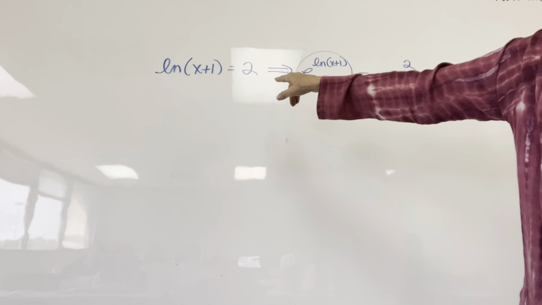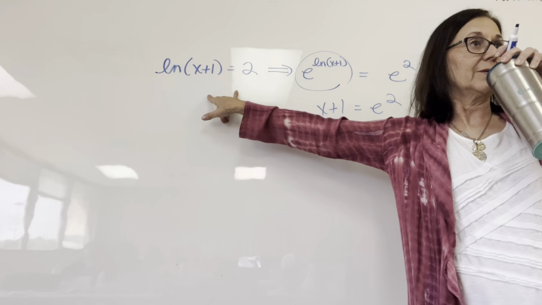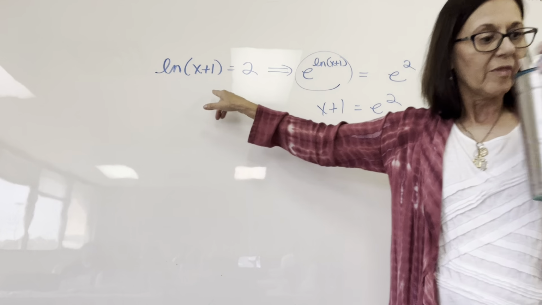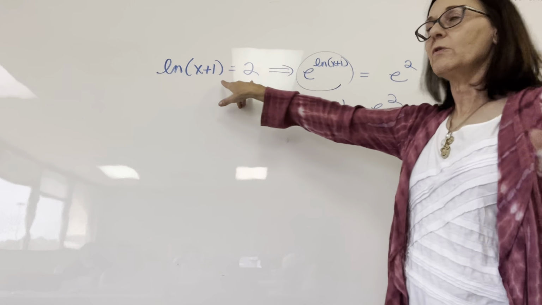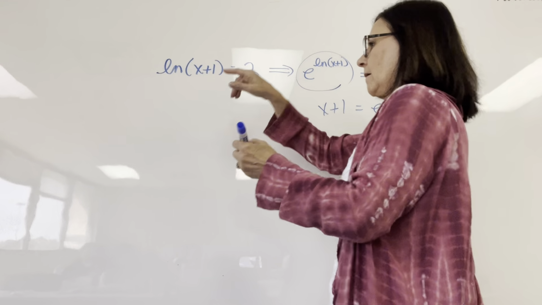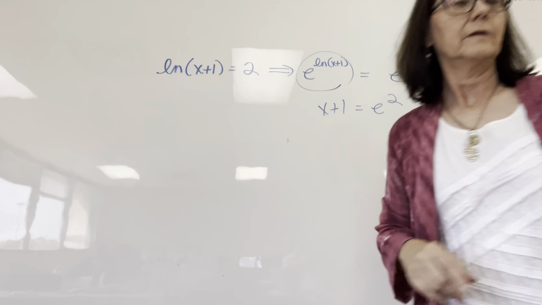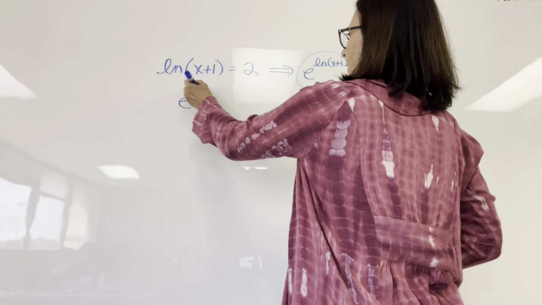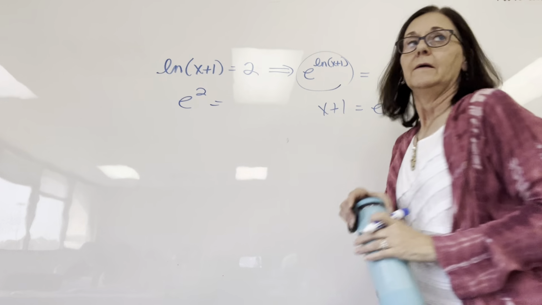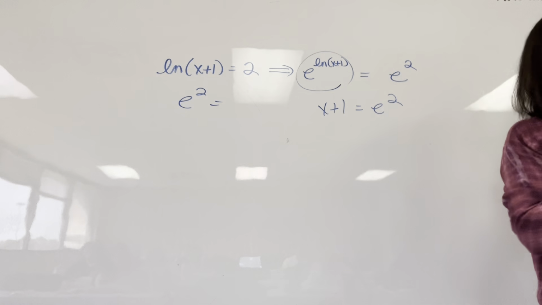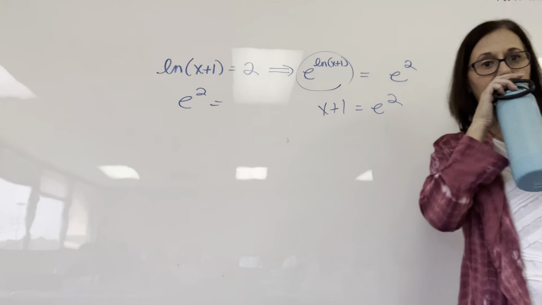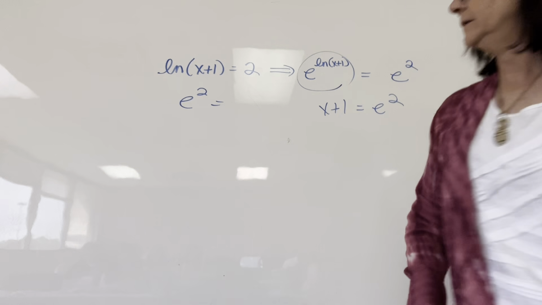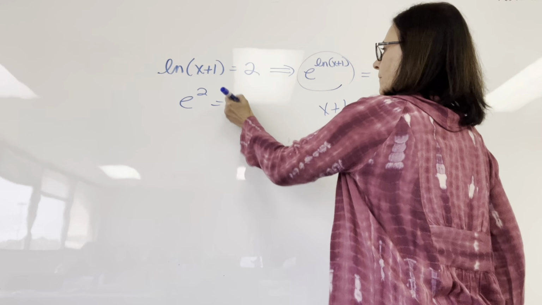Okay, we're going to convert this to exponents. We're going to get here, but it's easier. What's my base? E. What's my exponent? My exponent is 2. Got it? What does it equal? X plus 1.